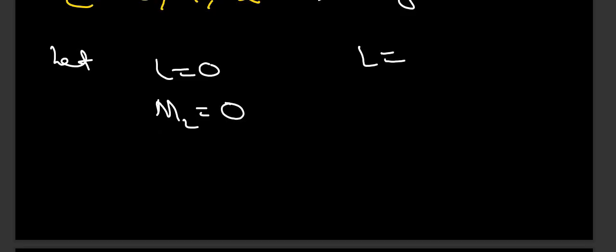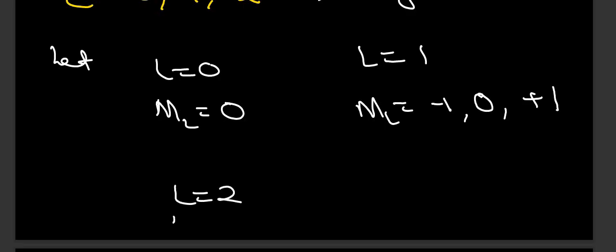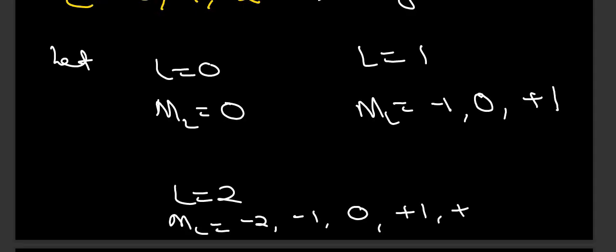Then when L is equal to 1, ML will be negative 1. We start with negative L, what comes next is 0, then positive 1. If you have L equal to 2, ML will simply be negative 2, then negative 1, 0, positive 1, until you reach positive L, which is positive 2.